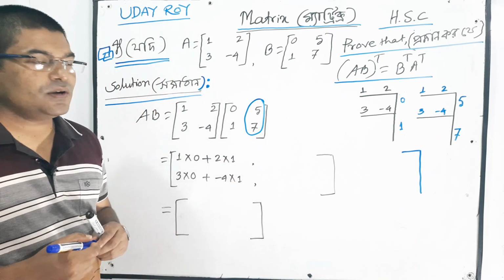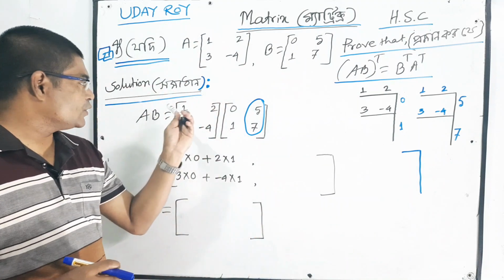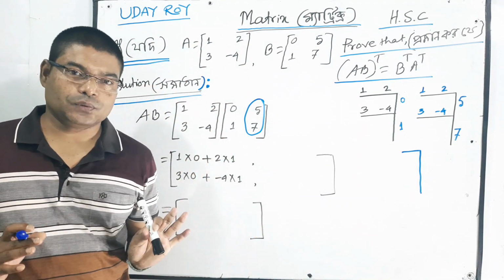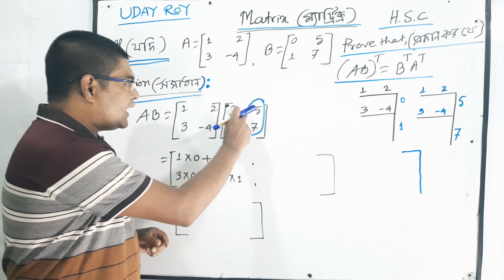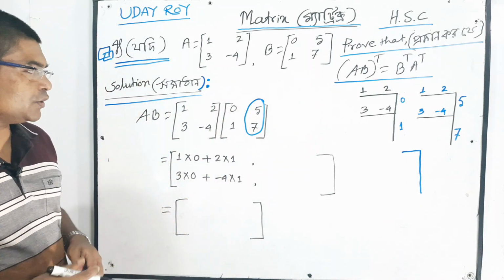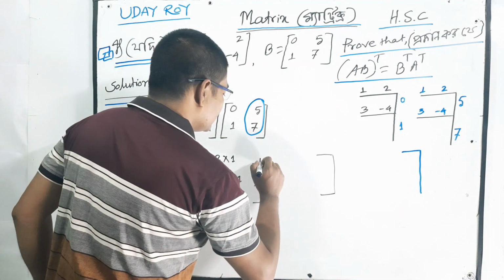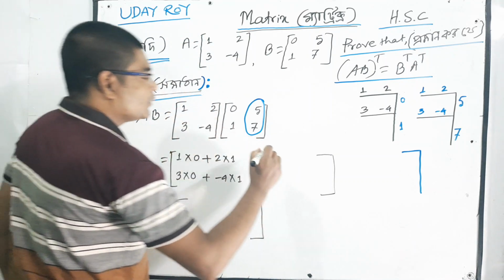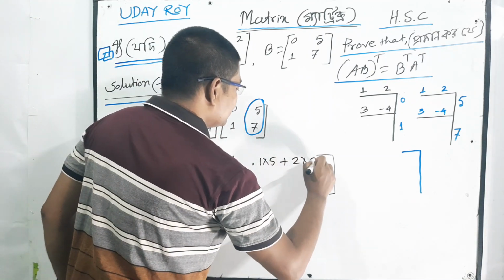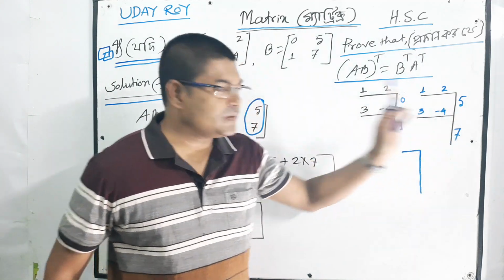This is another column. You can see 5, 7 and 1, 2, 3 and minus 4. Let's multiply. 1 into 5 plus 2 multiplied by 7.